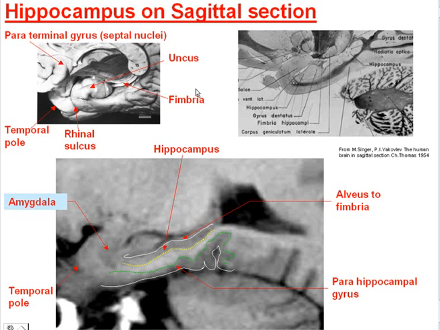In sagittal section, you can see the portion of the uncus, rhinal sulcus and entorhinal cortex, and here is the parahippocampal gyrus. The hippocampus is located posterior to this uncal structure, which contains the amygdala, and then follows the temporal horn of the lateral ventricle.